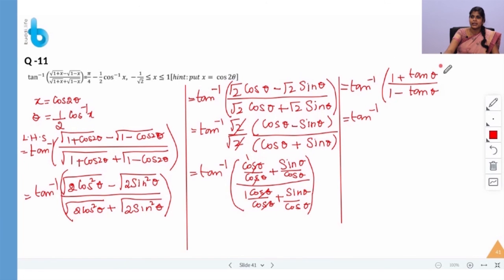The numerator I am not going to change, this will be 1 itself, but I am considering this tan theta as 1 into tan theta. So instead of this 1, I will write tan pi by 4 into tan theta.